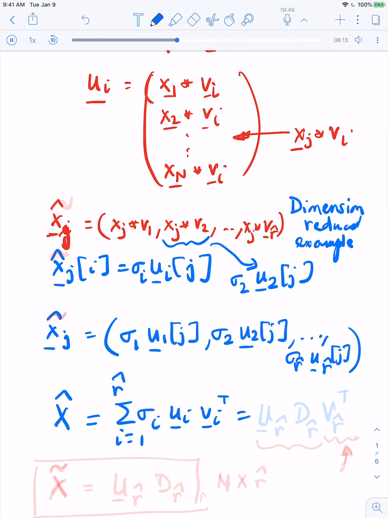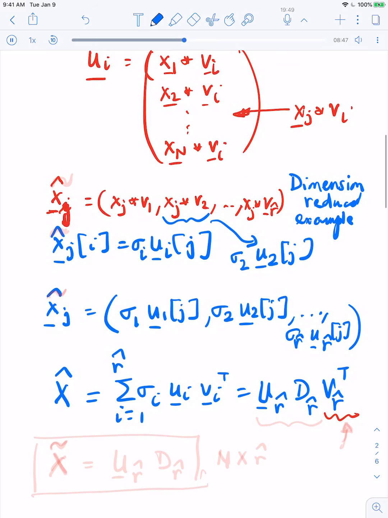And I can write it as U r hat, meaning I'm just taking r hat columns here, times the r hat by r hat diagonal matrix of the first r hat singular values, and similarly the first r hat columns of V, and of course it's a transpose here. These guys represent the projections I'm taking in the original feature space, and these represent the results of the projection.